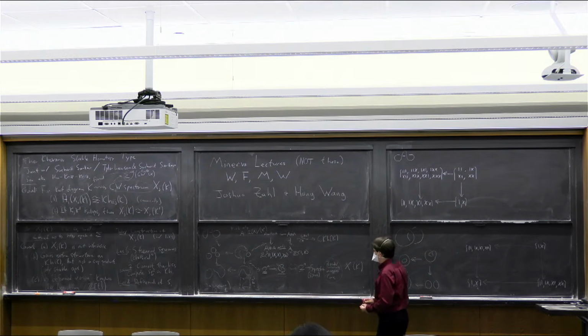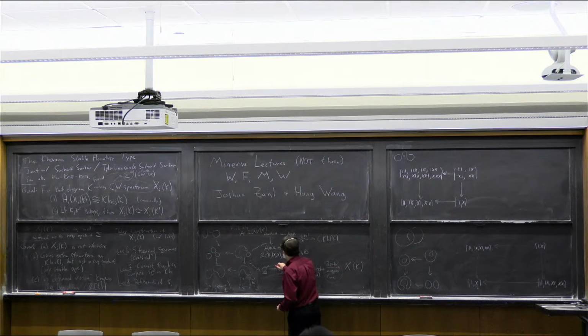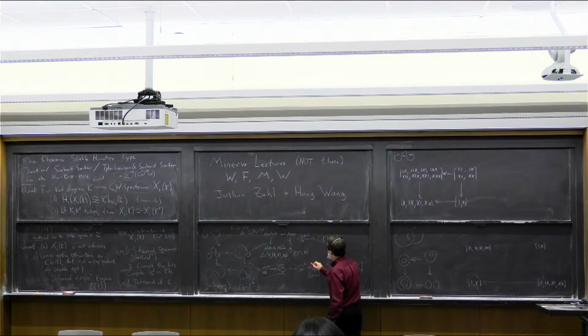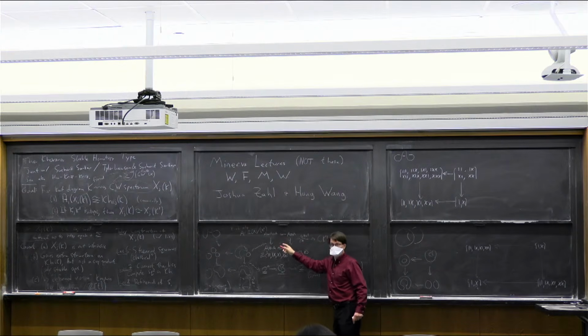At each stage, there's sort of a forgetful map. So you can take a map to the Burnside category, and you can forget to having a cube. This is just taking the cellular chain complex. Once I have this map from the cube to spectra, taking its cellular chain complex is going to recover this.